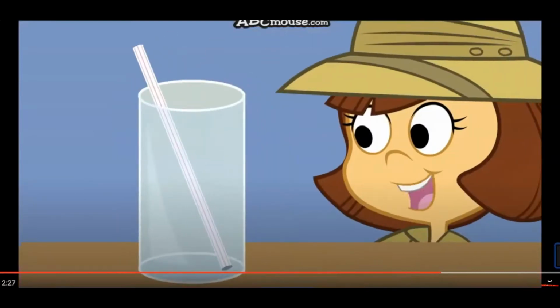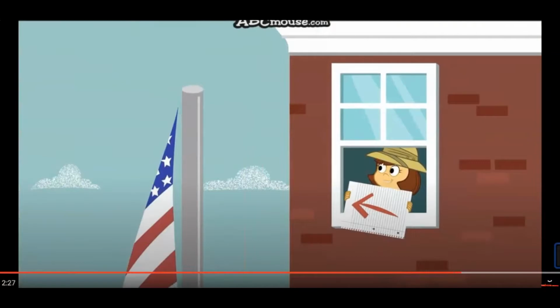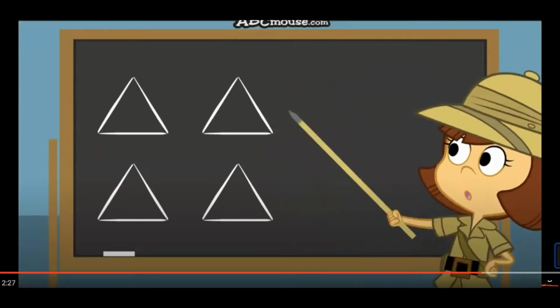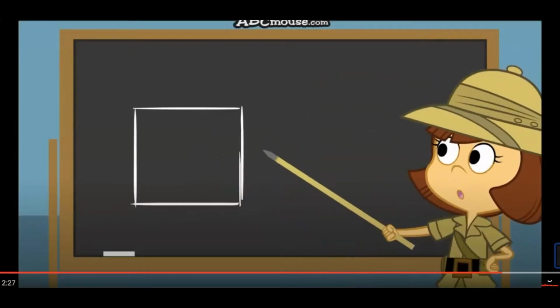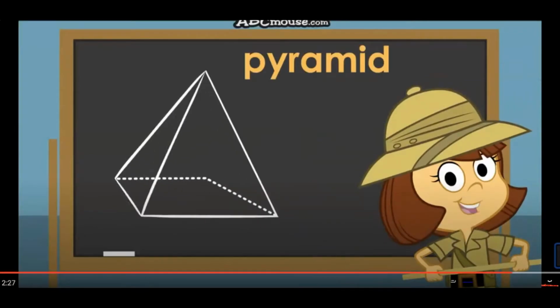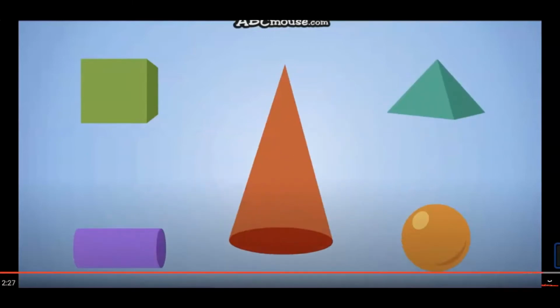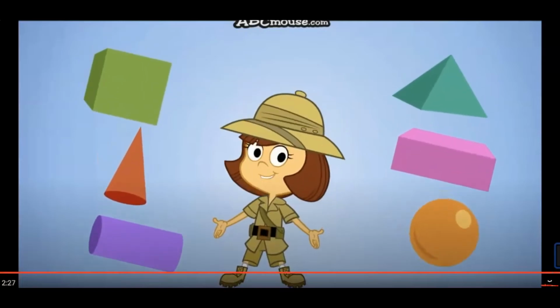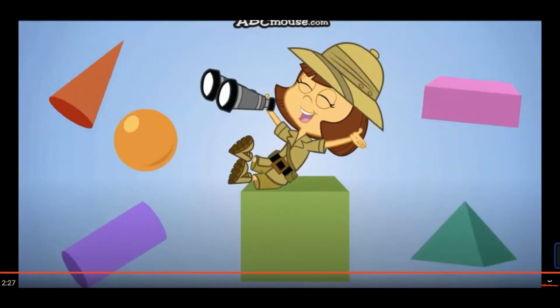Drinking straws and glasses have cylinder shapes, and so does our school flagpole. What shape has 3 or more triangular sides and a point at the top? Can you guess? A base can be a square or a different shape. Say a pyramid and I'll say yes. Now you know them all by name.